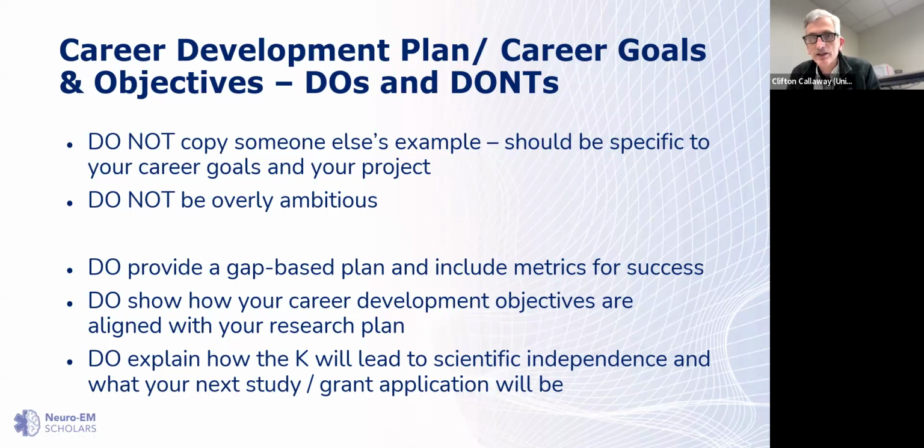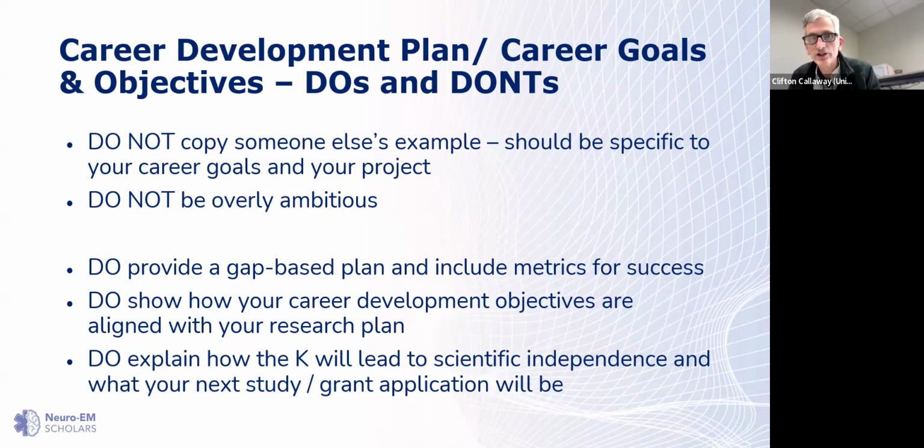This needs to be something that is really about your particular skills now and the skills you want to have at the end of the career development plan. You don't want it to be overly ambitious, where you're going to do more than can be done in the scope of a 4 or 5 year K grant.